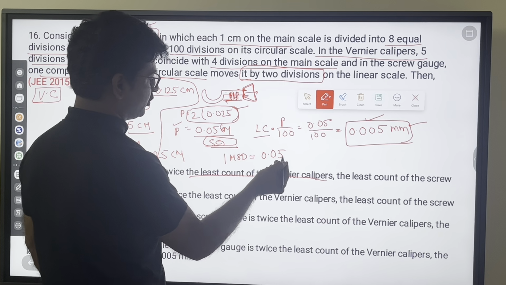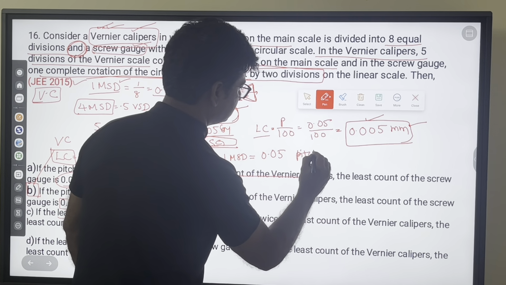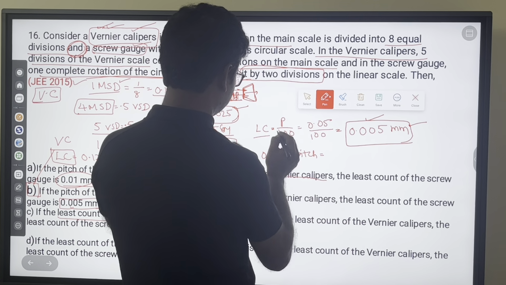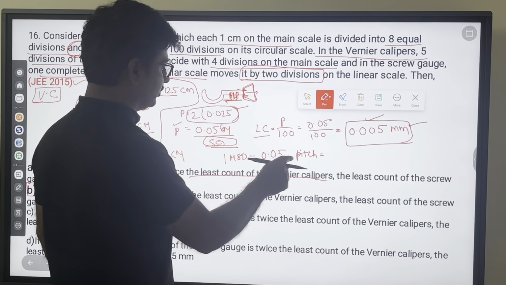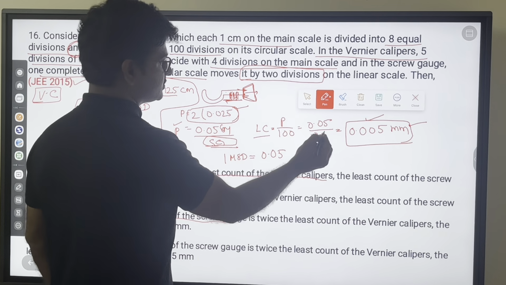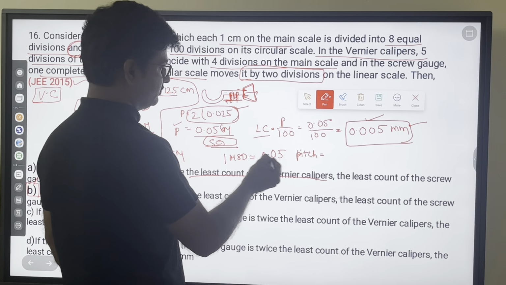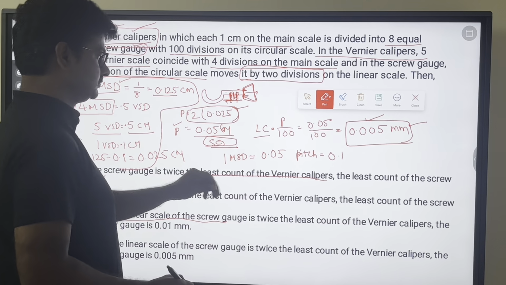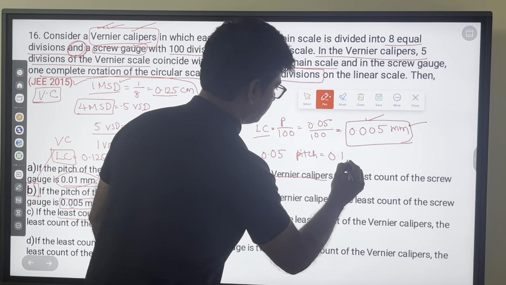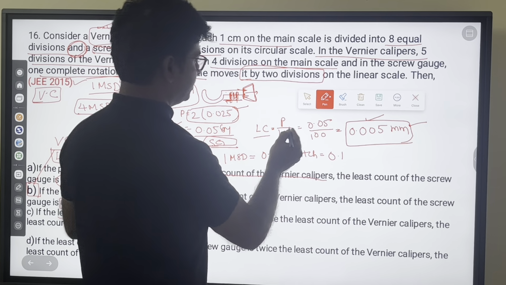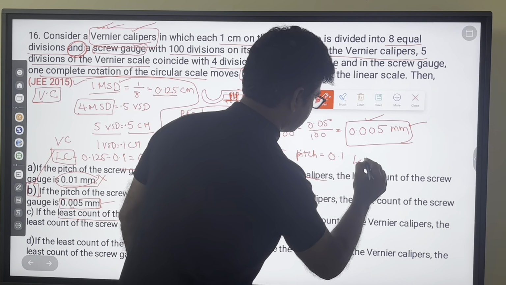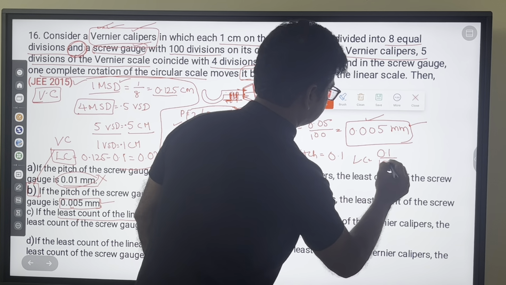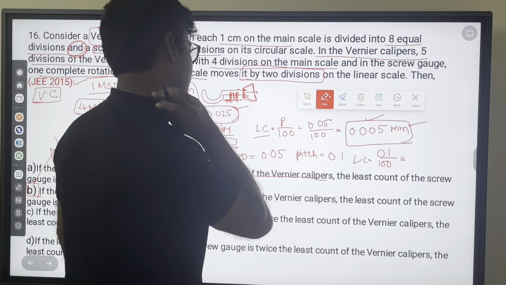If 1 MSD is 0.05, the pitch of the screw gauge becomes 0.05 into 2, because for one complete rotation 2 divisions will advance. So the pitch is equal to 0.1. Again the least count is pitch by 100. We check it now: least count becomes 0.1 by 100. How much will you be getting?